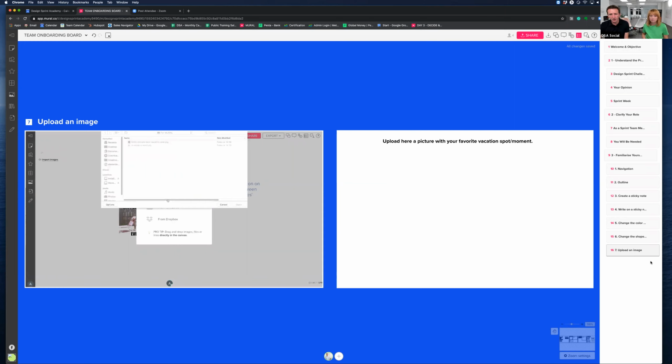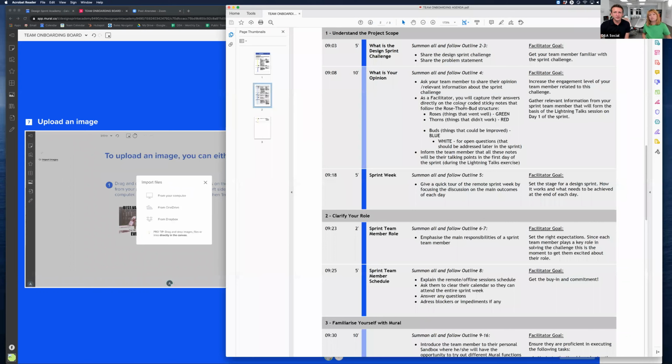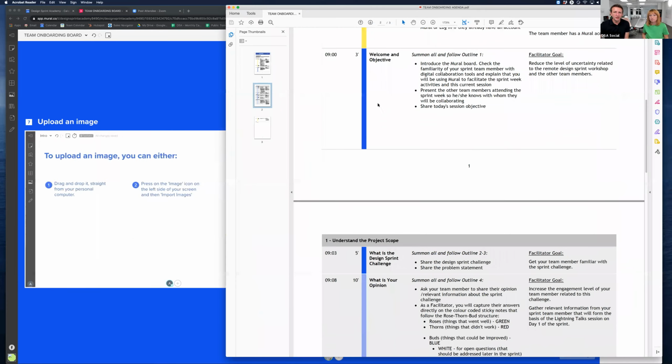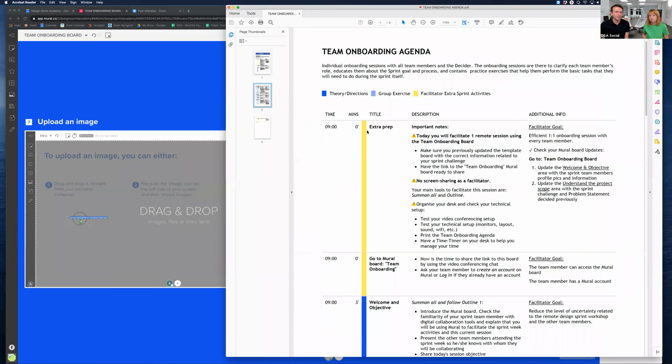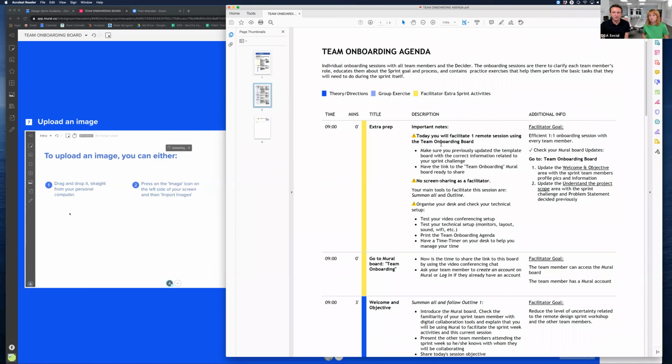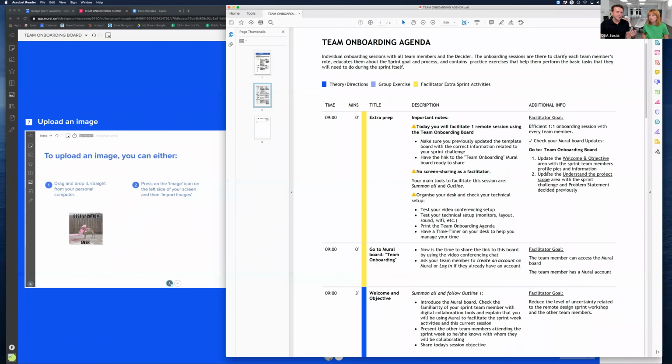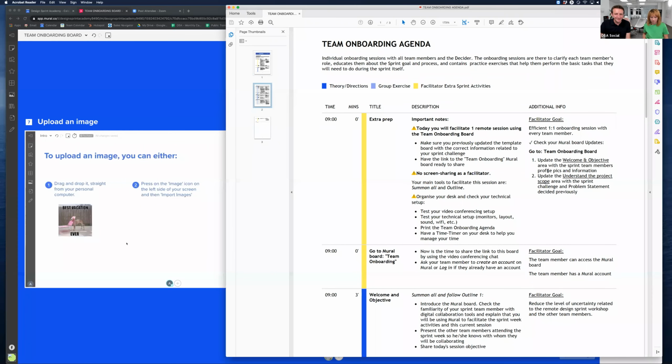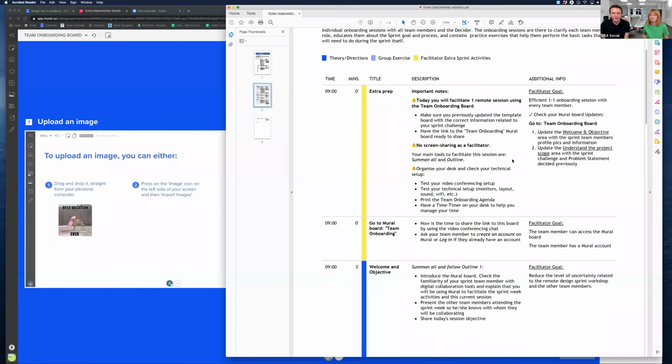Also, what I wanted to show you here, just to give you a little bit more detail about this team onboarding, is that these boards work hand in hand with agendas, because there's stuff that you need to do before the workshop, before the onboarding session, where you need to prepare the board. There are all kinds of instructions, like, for example, uploading the pictures of the team, or whatever that might be.